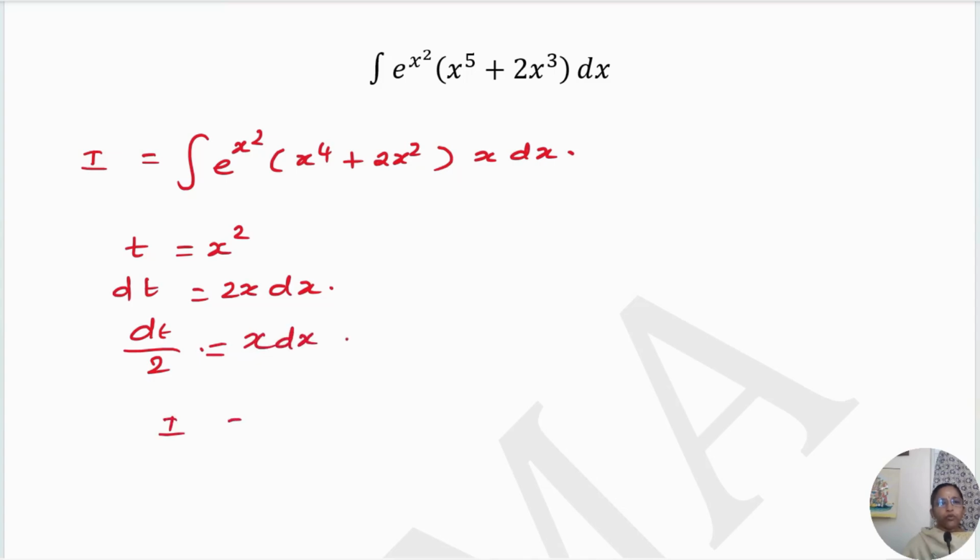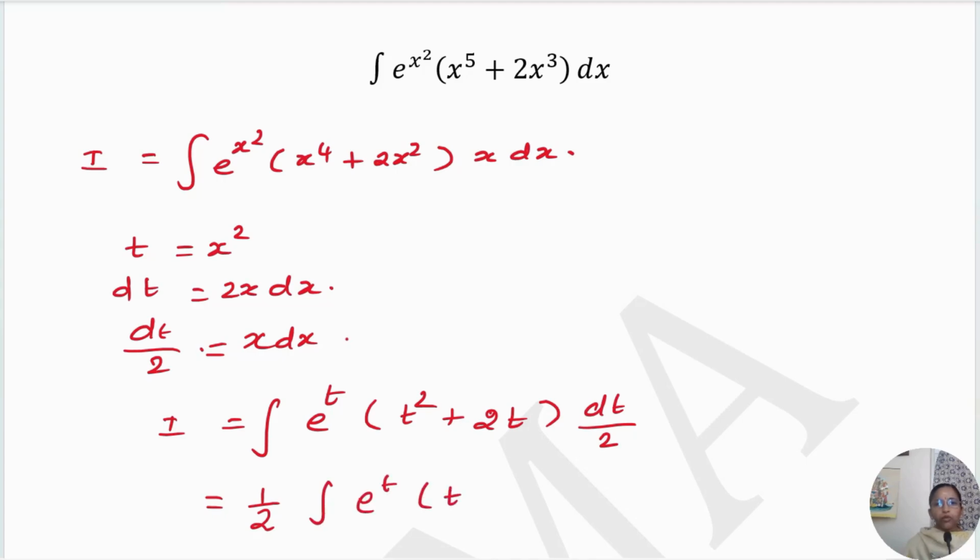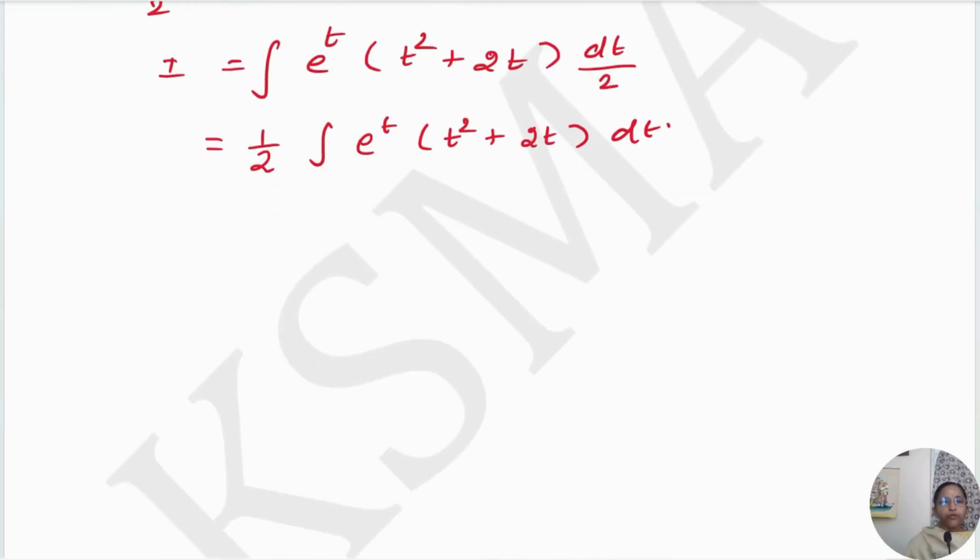Now substitute your value. So integration e power t into (t square plus 2t) into dt divided by 2. So you can take your 1 by 2 into e power t into (t square plus 2t) dt. Now we know the formula, e power t formula.